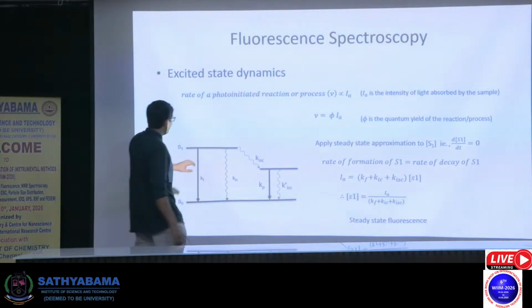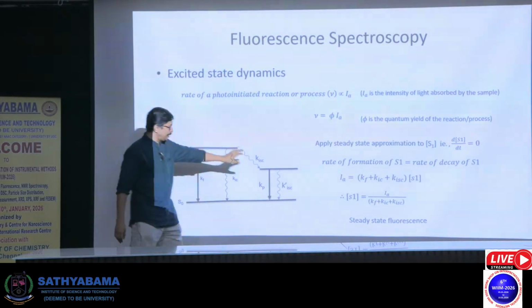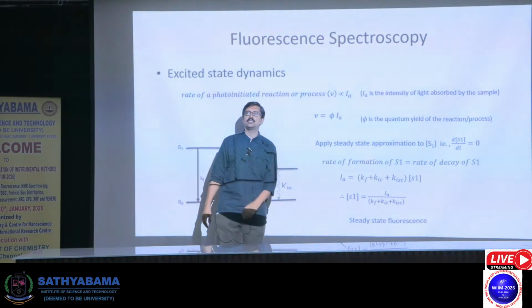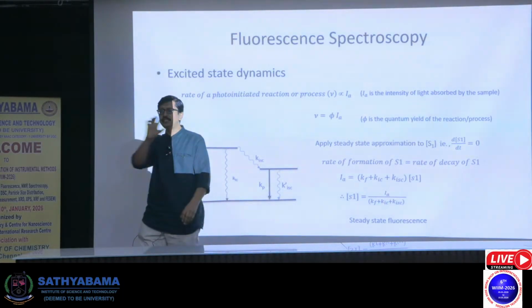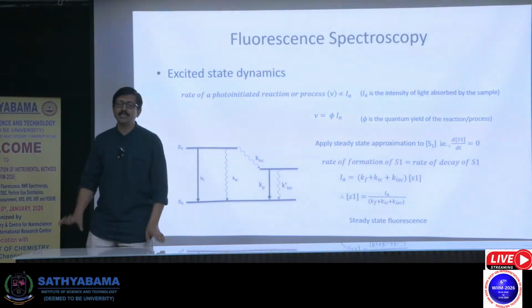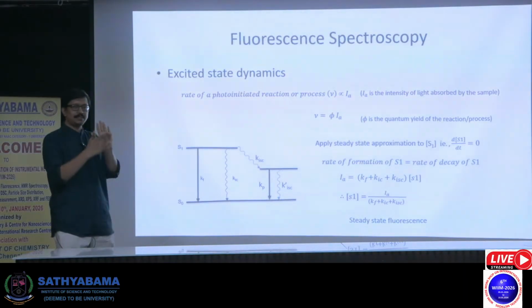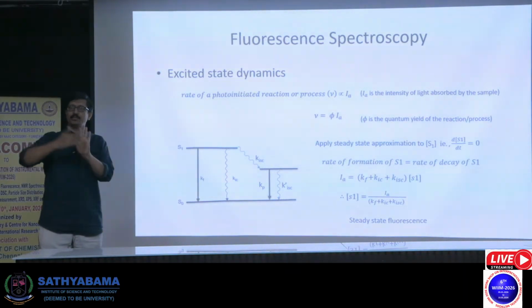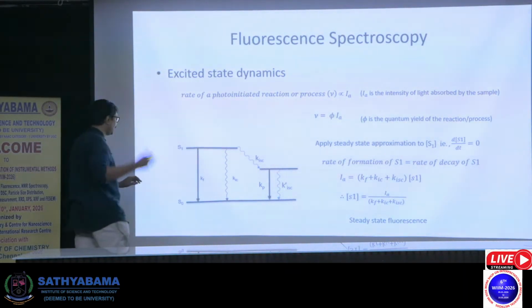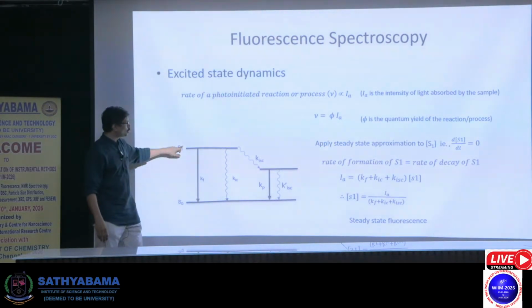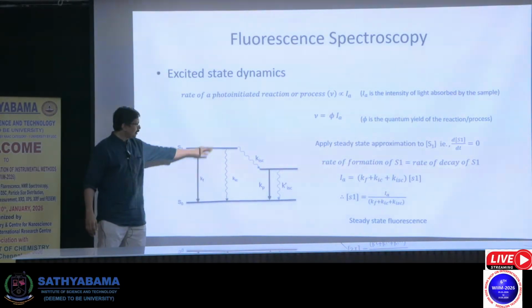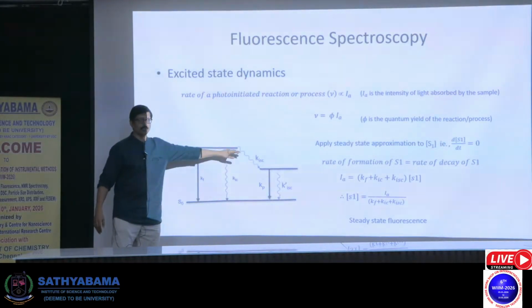Now, if you want to use a particular instrument called a steady state fluorescence spectrometer, you must have heard about steady state fluorescence. Steady state fluorescence means you have a lamp to excite your sample. You keep on exciting, so S0 goes to S1. It starts emitting. It is undergoing non-radiative processes.